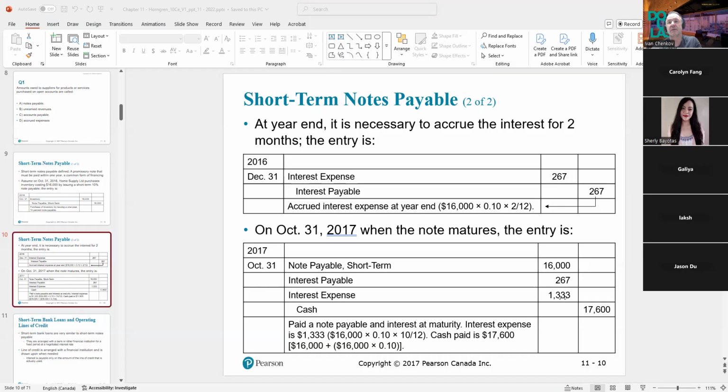And those two together give us a total of $1,600, which is our total interest for the 1 year on the $16,000 notes payable with 10% annual interest. Make sense?